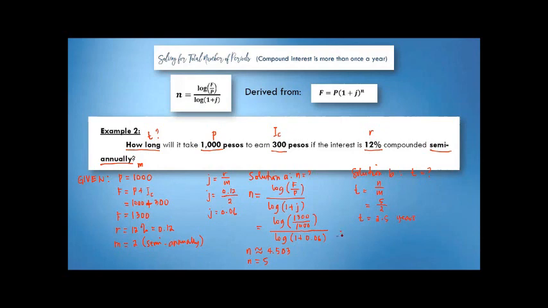So, by conclusion, it will take 2.5 years for 1,000 pesos to earn 300 pesos. Okay, so this is how we solve the total number of periods and the time in years for a certain problem under pa rin ang topic na compound interest of more than once a year.